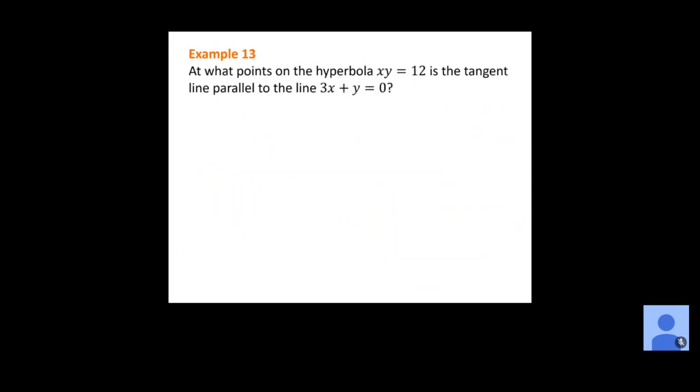All right, 13. So at what point on our hyperbola xy equals 12 is the tangent line going to be parallel to the line 3x plus y equals 0? All right, so what do you think we're going to need to do first here?